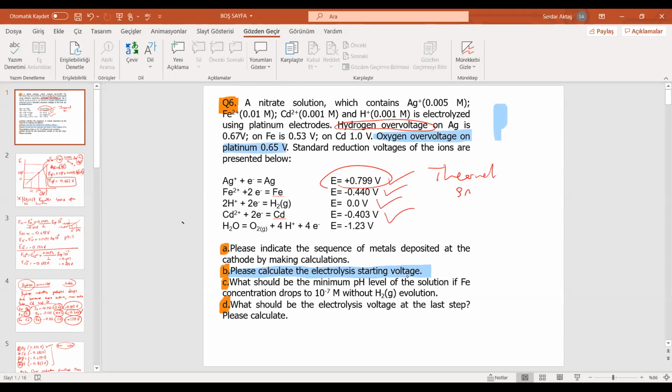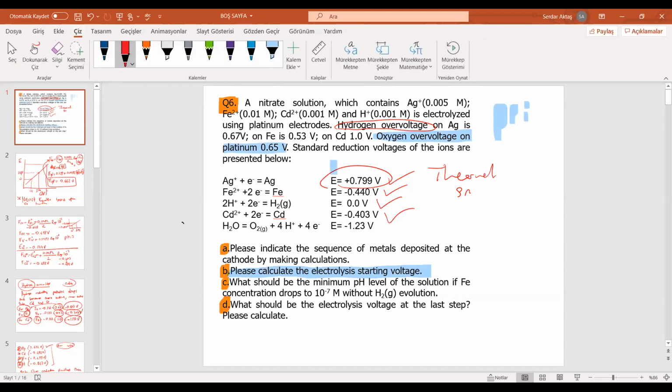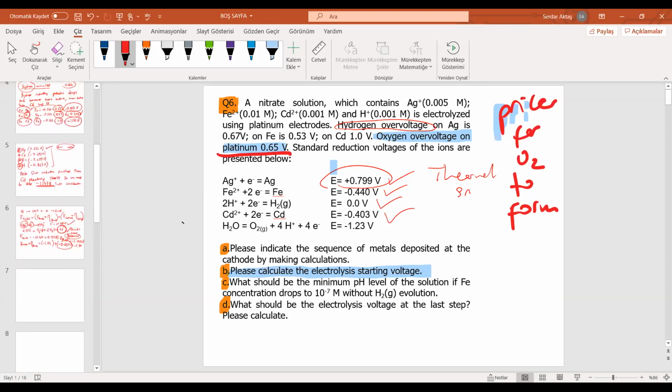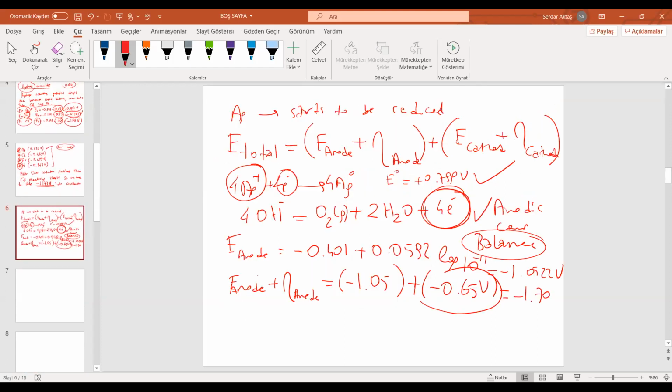This is the price for oxygen to form, 0.65 volt, and this is the voltage that takes place in the anodic compartment.